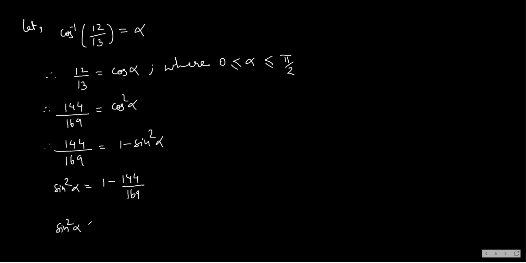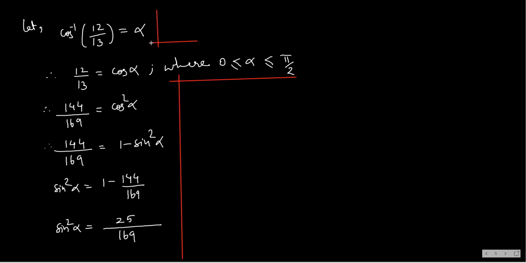Therefore, sine square alpha is 169 minus 144, that is 25 upon 169. Therefore sine of alpha is plus or minus 5 upon 13.